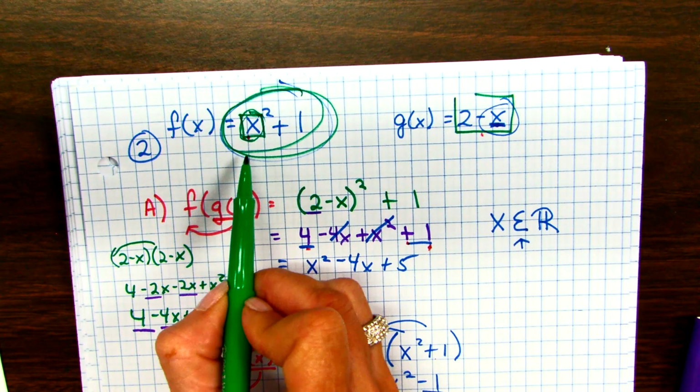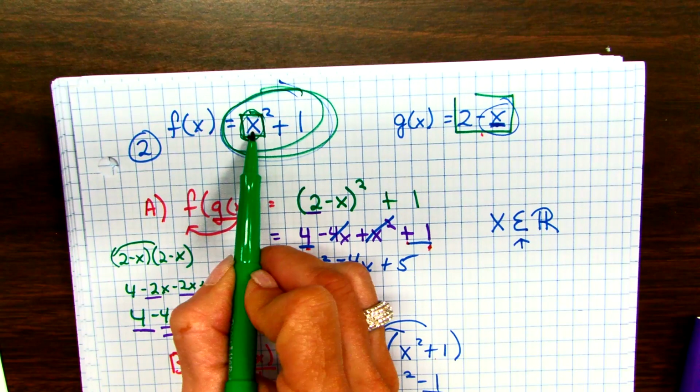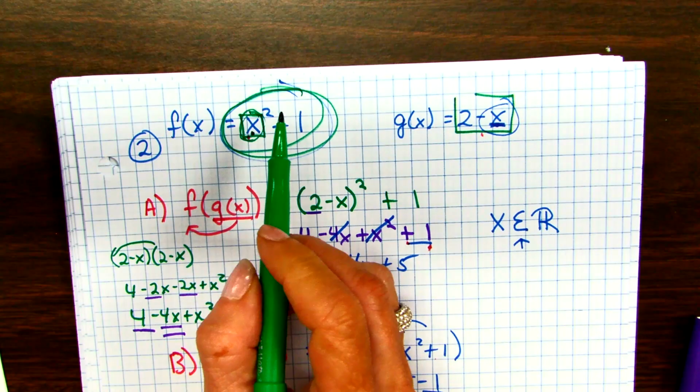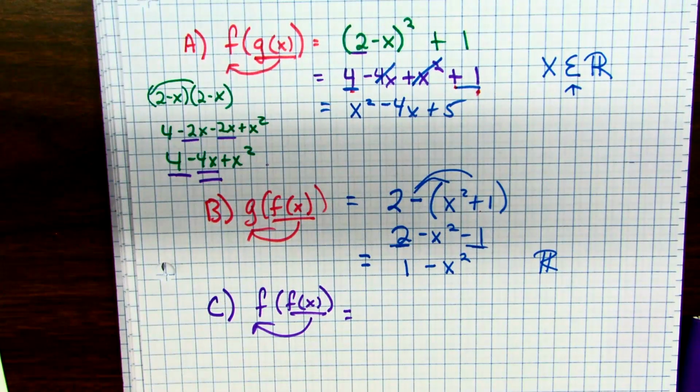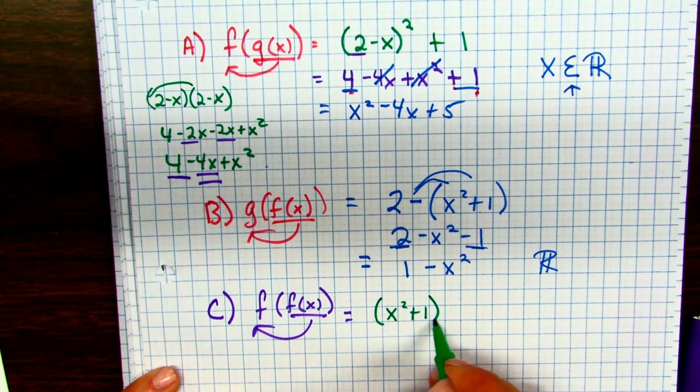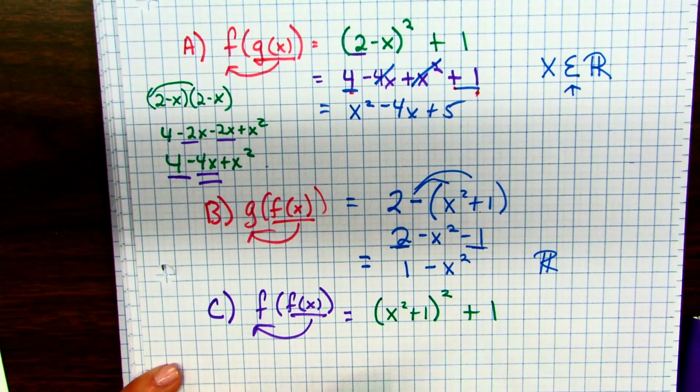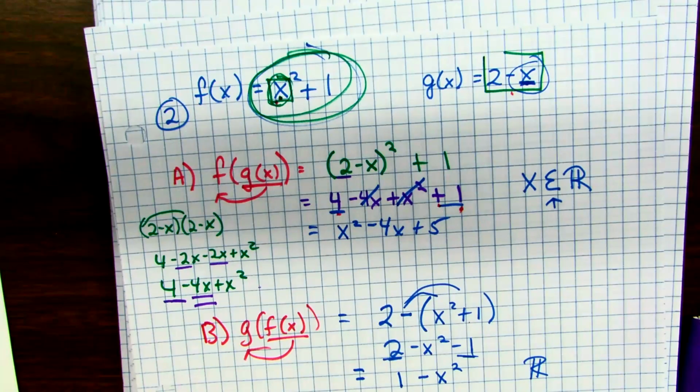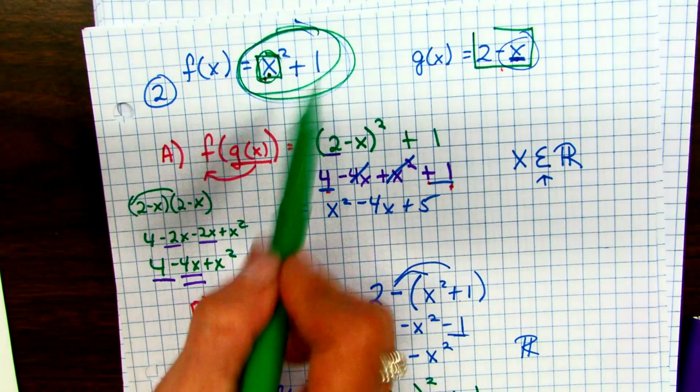So I'm going to put x squared plus 1 here, squared plus 1. Kind of weird. Just follow the process. Scoop up x squared plus 1, plug it in. X squared plus 1 squared plus 1, right? Took the whole thing and put it right there.